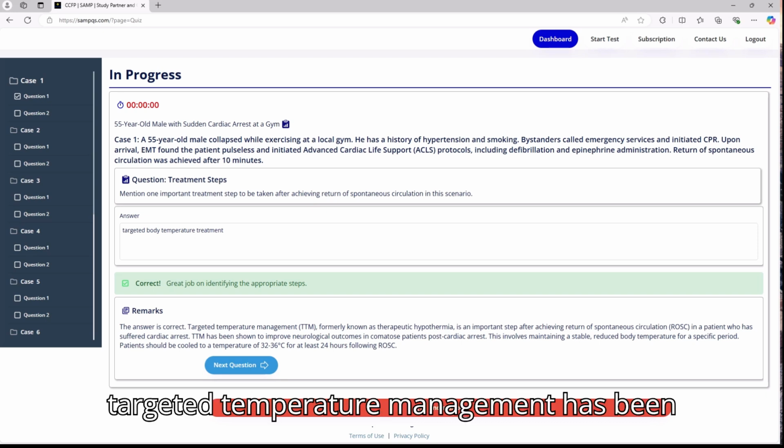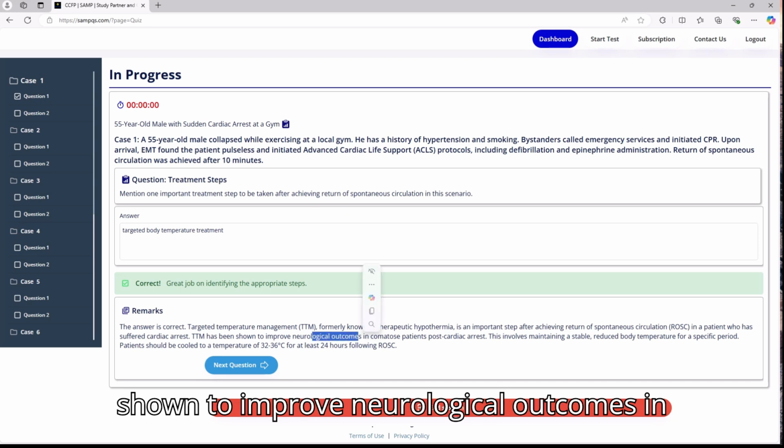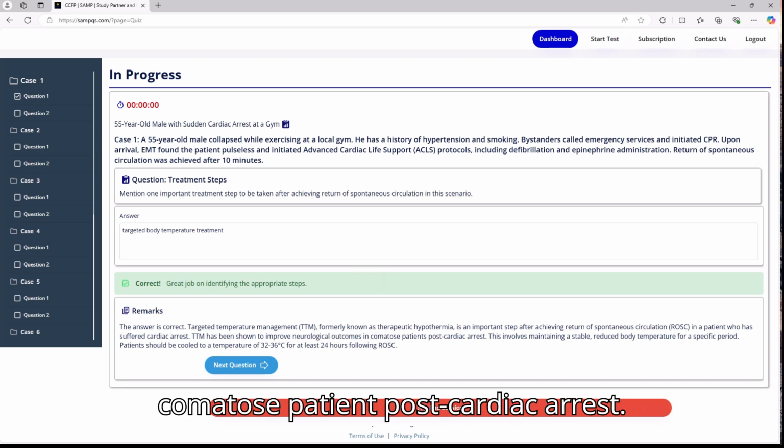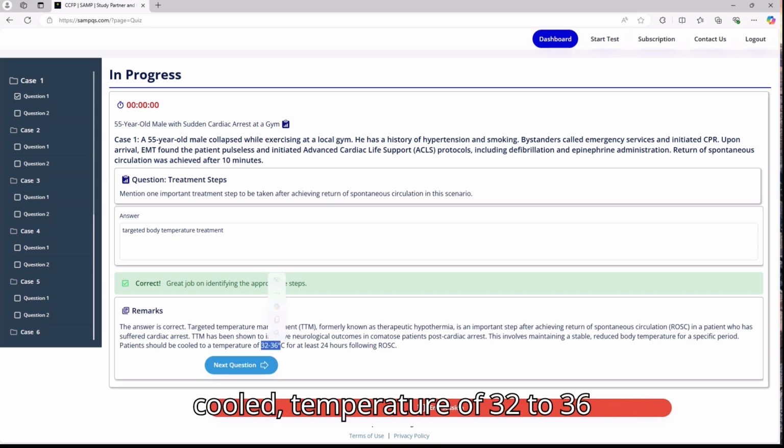It has been shown to improve neurological outcomes in comatose patients post-cardiac arrest. This involves maintaining a stable, reduced body temperature for a specific period. Patients should be cooled to a temperature of 32 to 36 for at least 24 hours following ROSC.